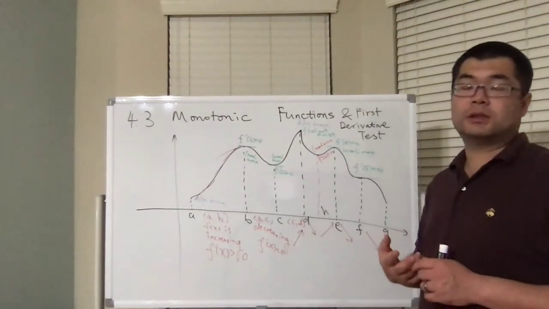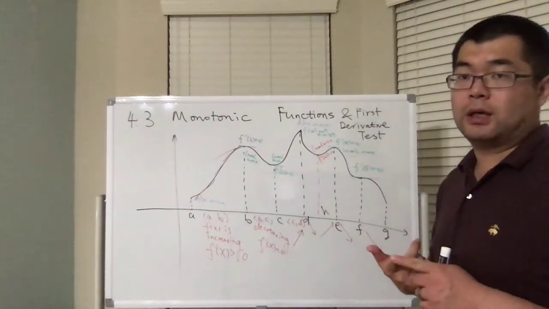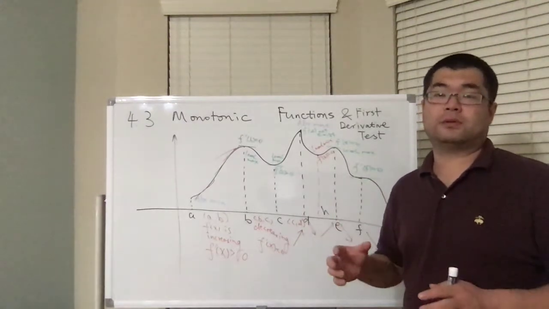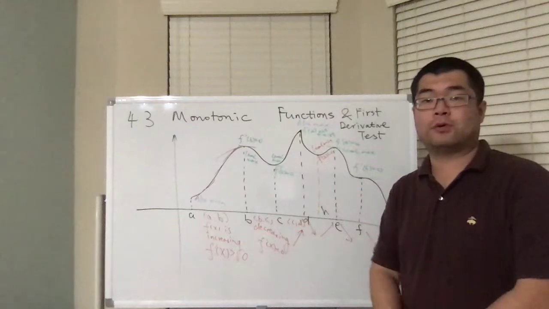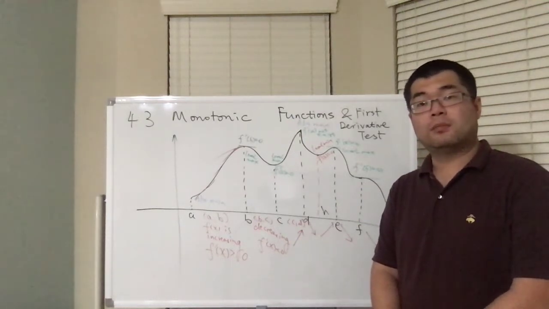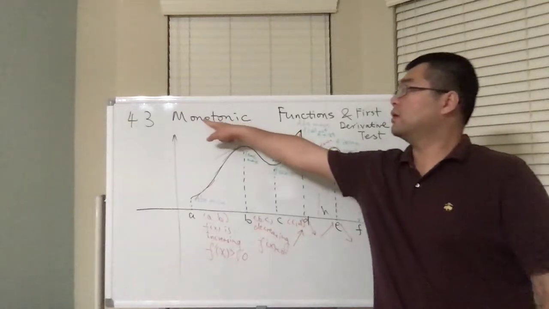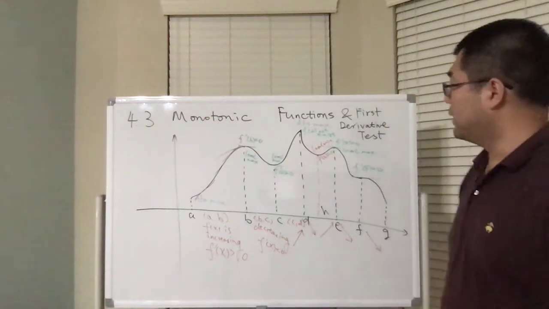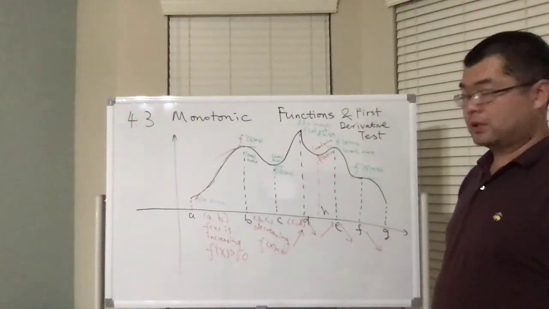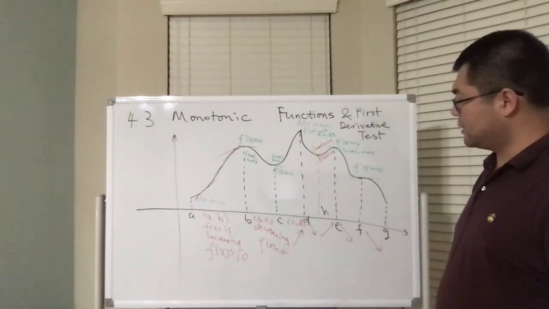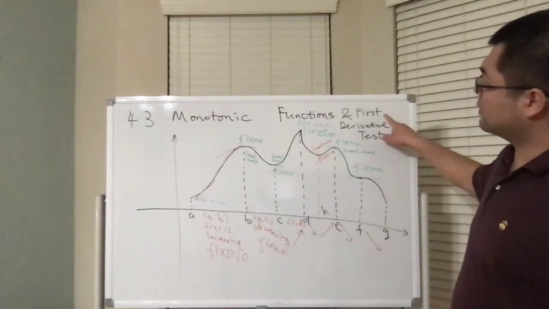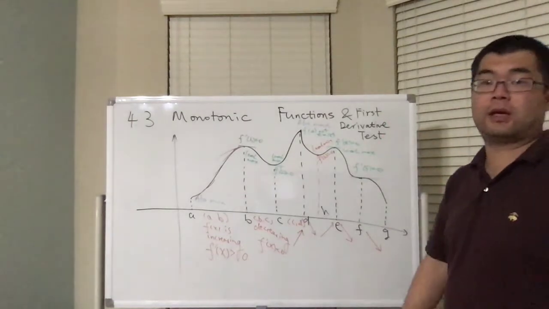And when a function is increasing on one interval or decreasing on one interval, we call this function monotonic. So that's the first half of this section. And the second part talks about the first derivative test.